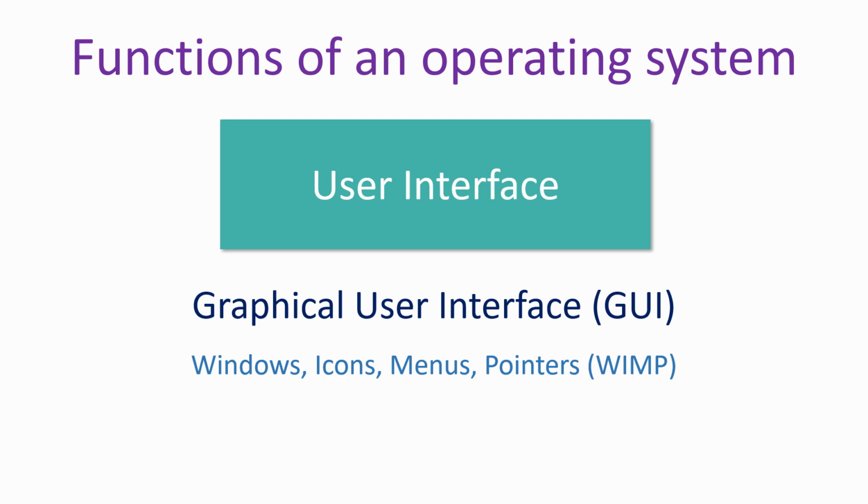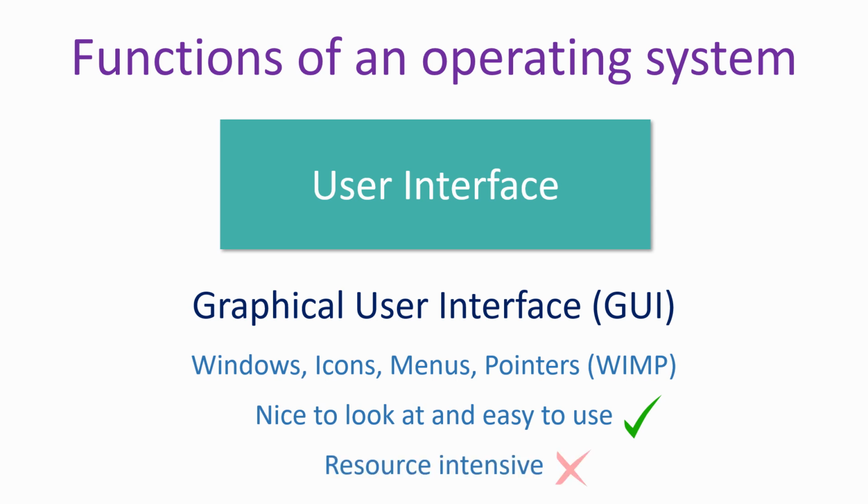Graphical user interfaces are nice to look at and easy to use, but those benefits come at a price. They require lots of resources like CPU time and computer memory to perform well, which means that there is less available for other tasks. We say that they are resource intensive.